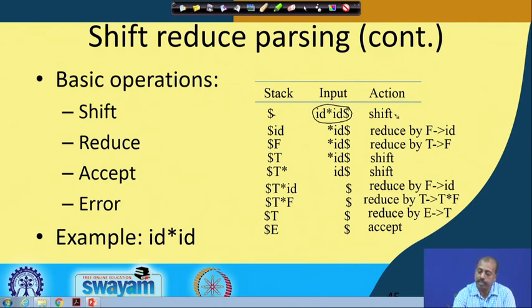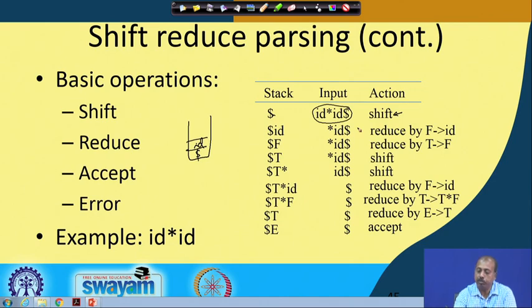Suppose we take a decision to do a shift, then this ID will come to the stack. Now, the stack has got dollar and ID, with ID at the top of the stack, and the input will have star ID dollar.